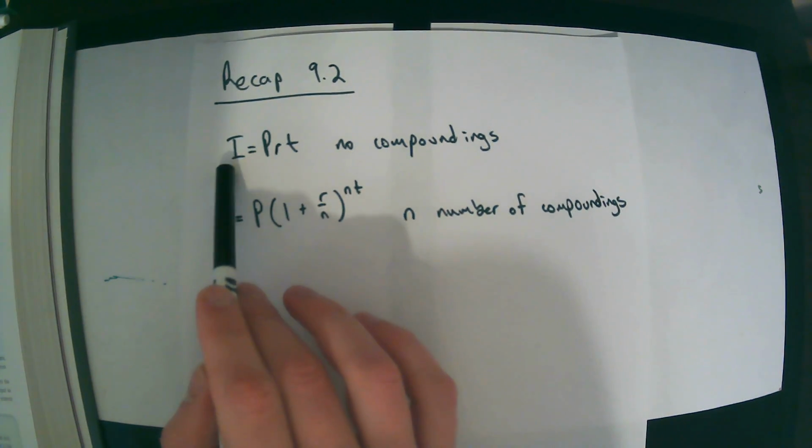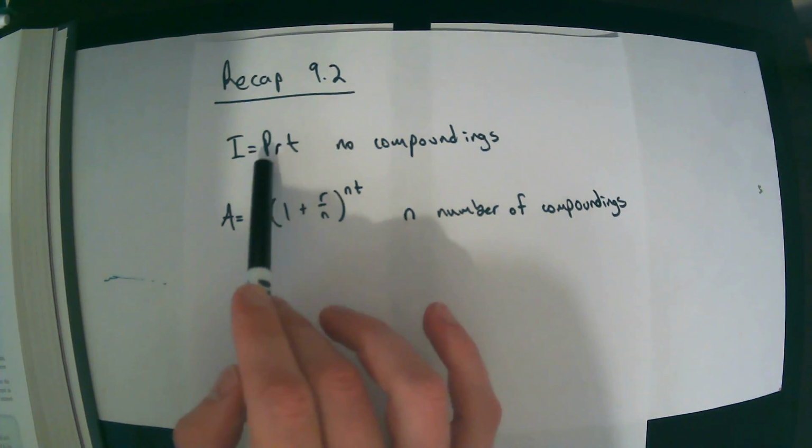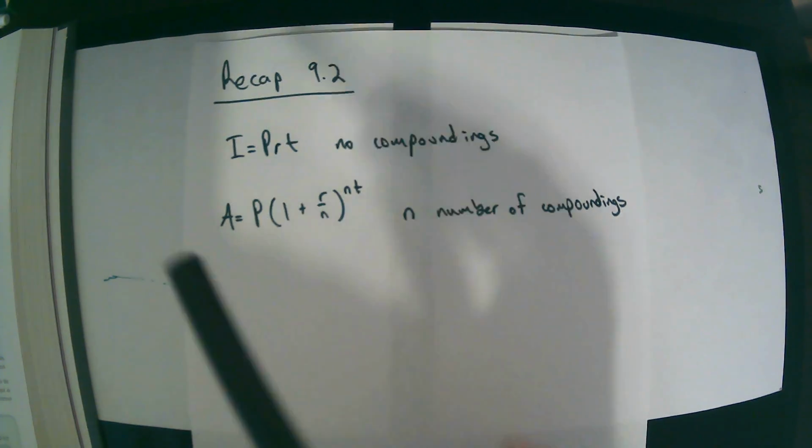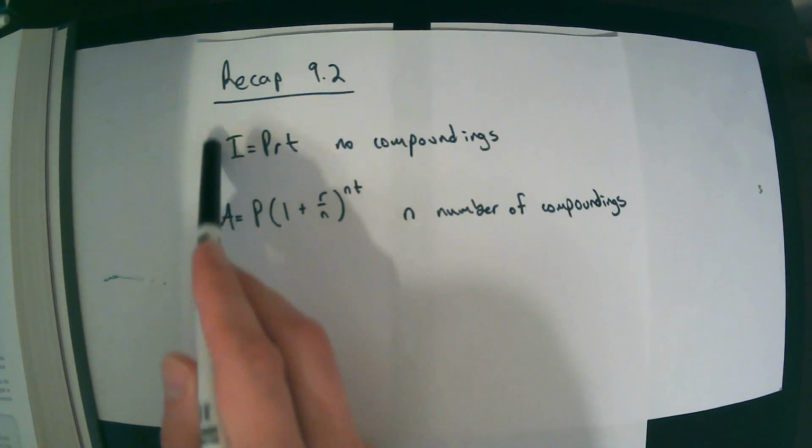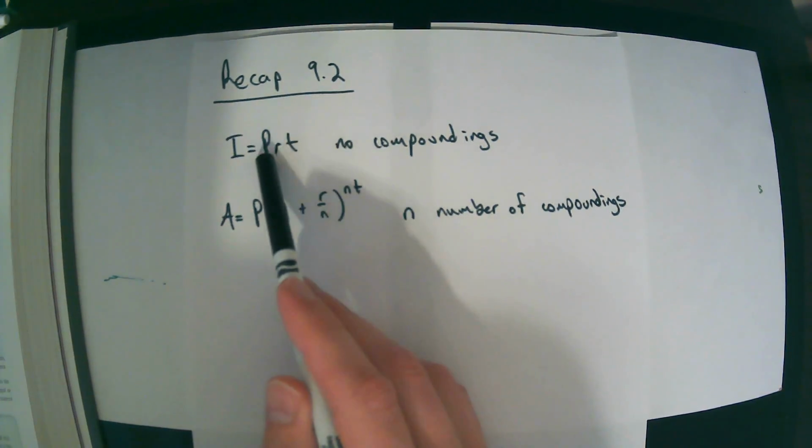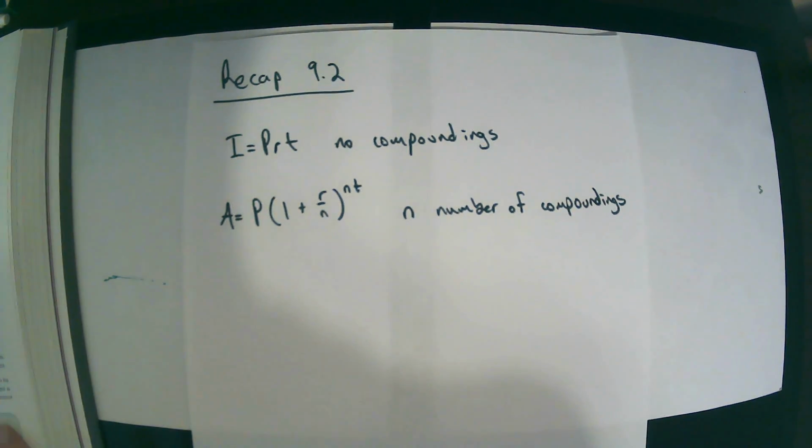So you can see this formula does not give you the total that they will have in their account at the end of this principal, rate and time frame. You have to go back and add it to the original principal.